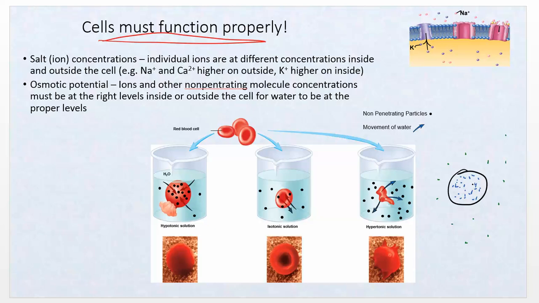They can be anything. It's just going to look overall and say the concentration on the inside is higher than on the outside. So that means that this cell is floating around in a hypotonic solution. Okay, so it's hypotonic because the concentration is lower out here.